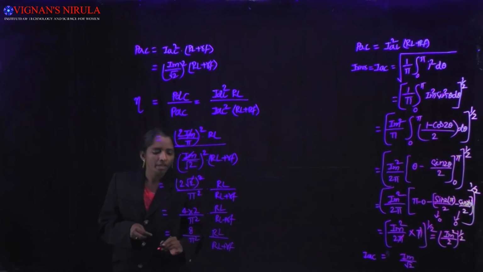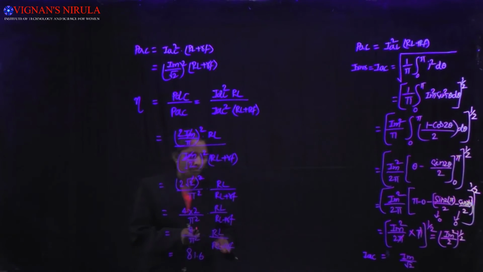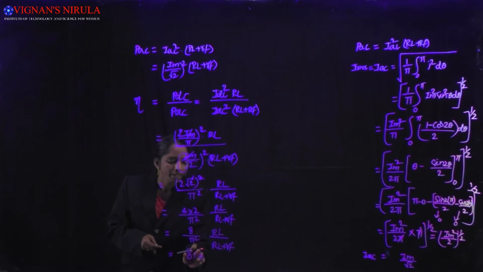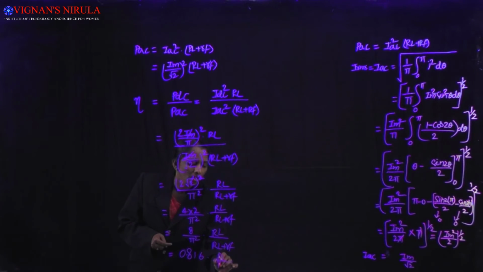Now 8 by pi square will be equal to 0.816, so we can simply say 0.816 into RL divided by RL plus RF.